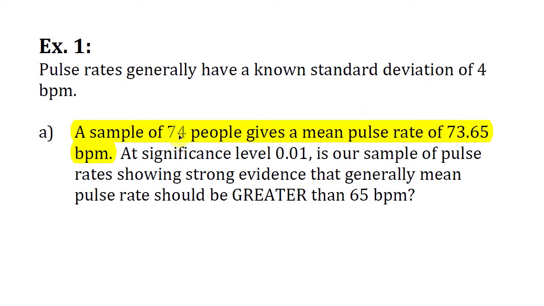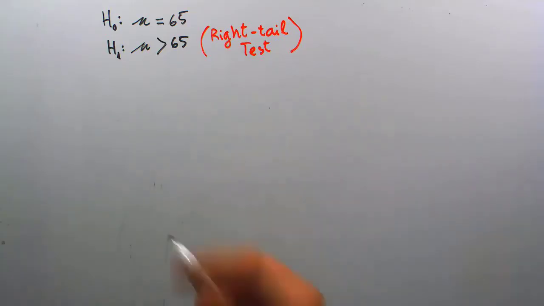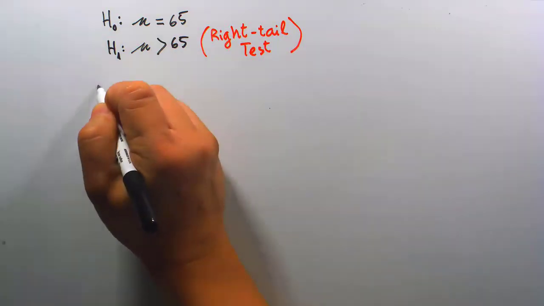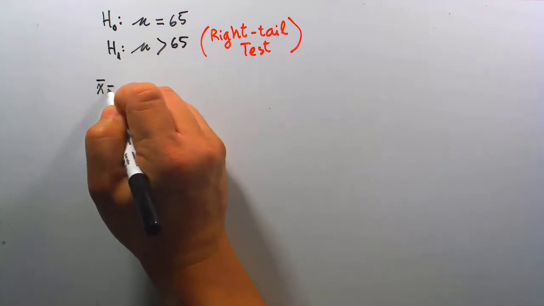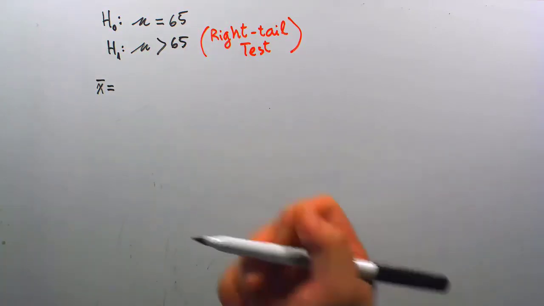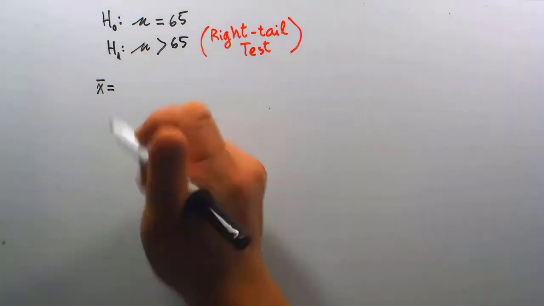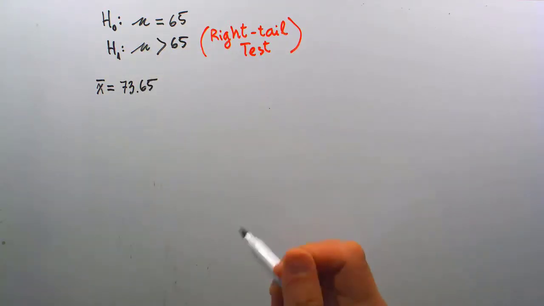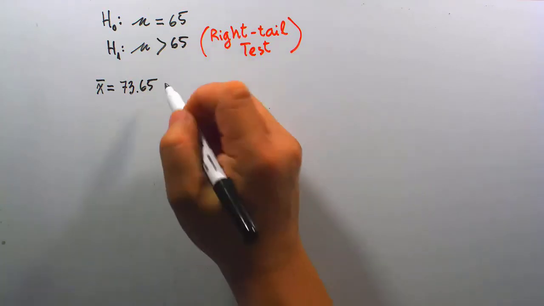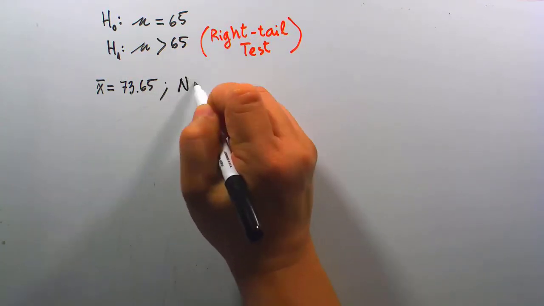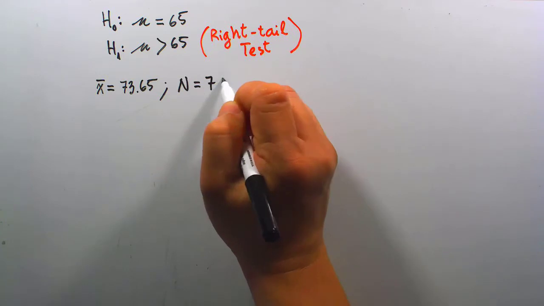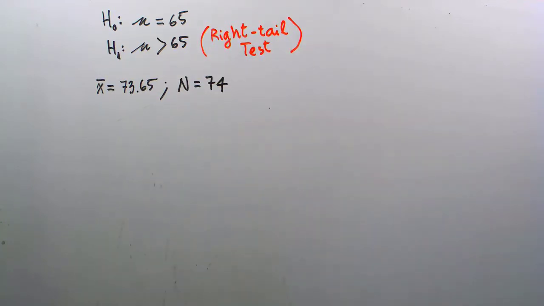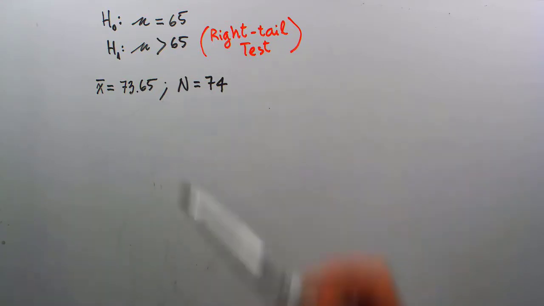So we already had a sample mean value. The first step is to indicate the sample value that we already had or were given. So X bar in our case is 73.65, and this sample is out of a sample size n equals 74. So that's our first step. We need to observe our sample. Either it's given or sometimes we have to find it ourselves.